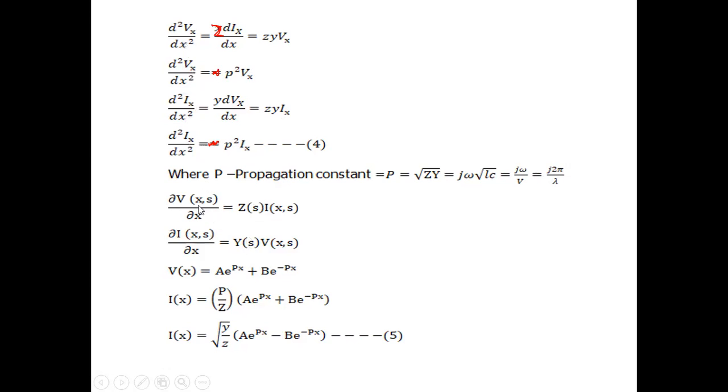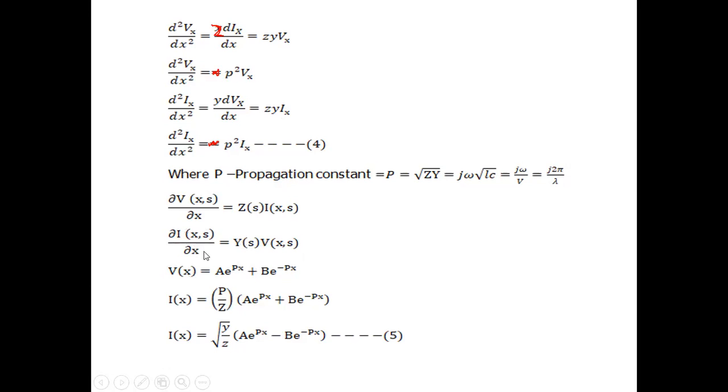Since there are two variables x and s, we can rewrite the expression as partial V of x comma s by partial x equal to Z of s into I of x comma s. Similarly, partial I of x comma s divided by partial x is equal to Y of s into V of x comma s.